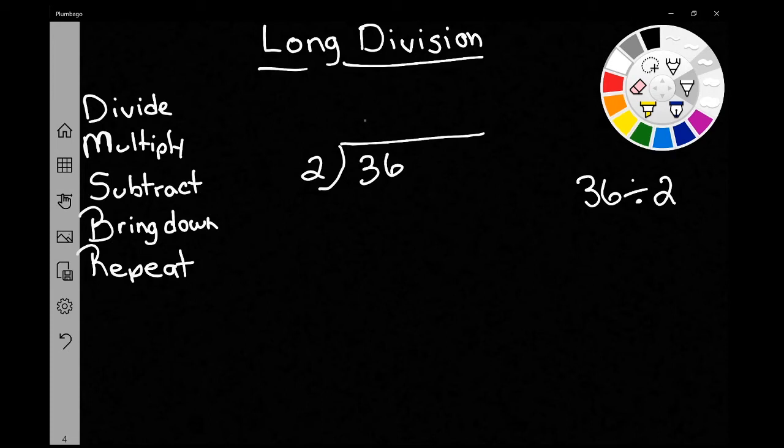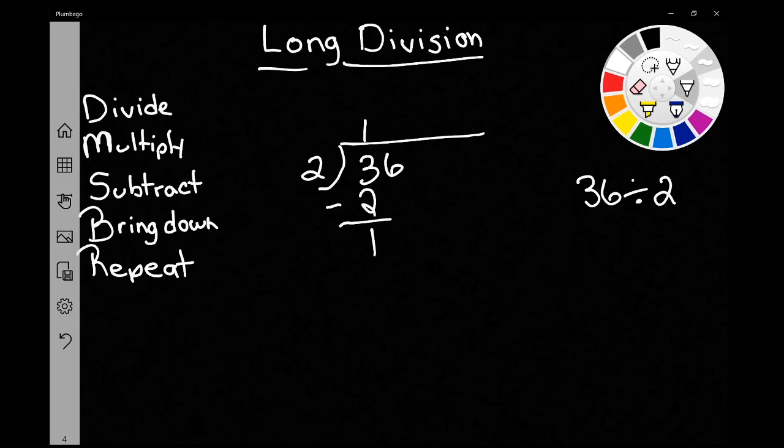So in this case, there's only 1 two that can fit into 3. My next step is to multiply. So 1 times 2 is 2. And then my third step is to subtract. So 3 take away 2 is 1.